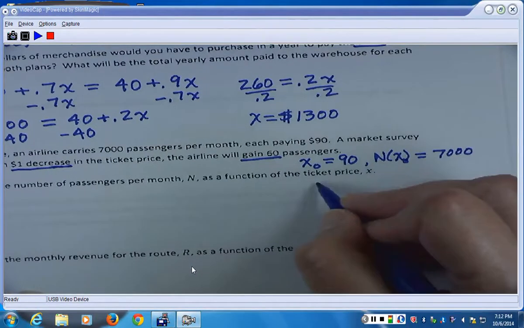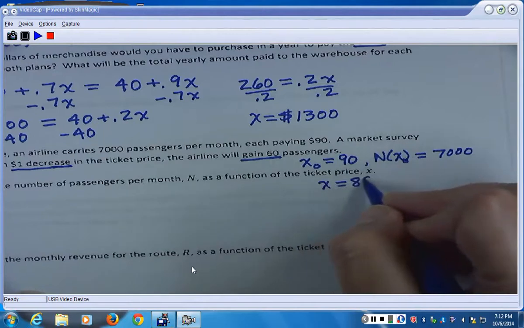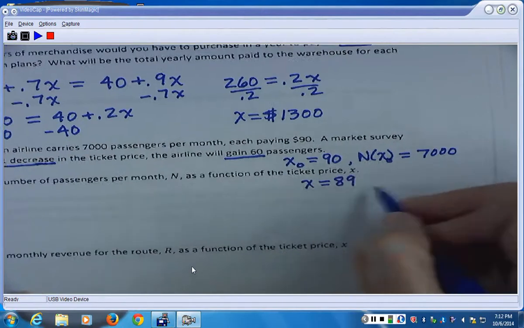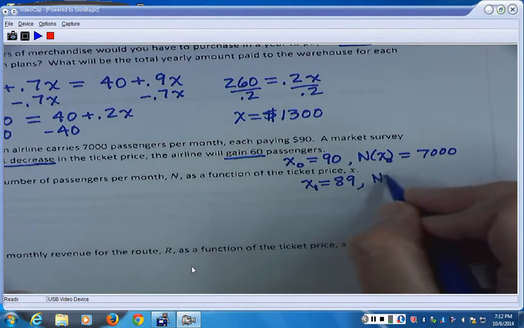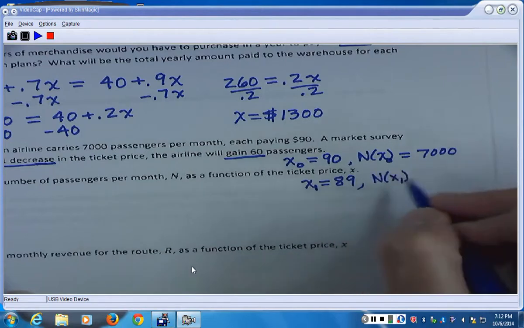What if our X, suppose X went down to 89? What's N of X1 going to be?